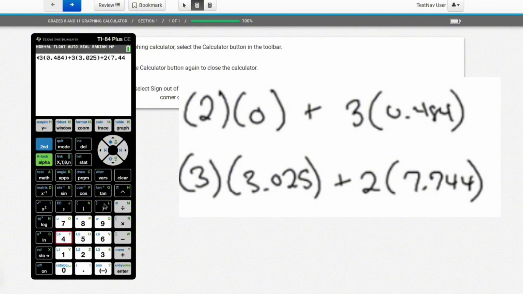It's going to be an underestimate. Oh, that was a close one. 7.744. Okay. Looks like no mistakes made. Thank goodness. 26.015. So let's go back, write that out, and try to explain what that means.